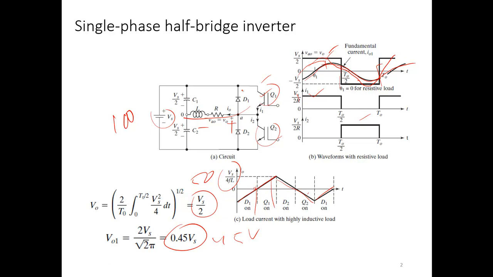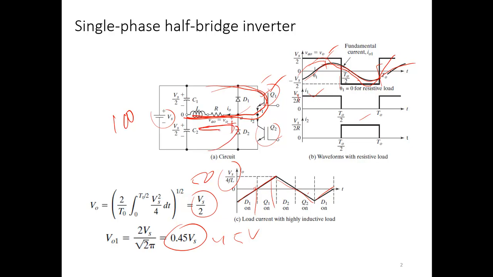What basically happens is that with the inductive load, the current goes from the supply through Q1 to the load, and the current will rise. When you turn off Q1, the current has to continue in the forward direction.